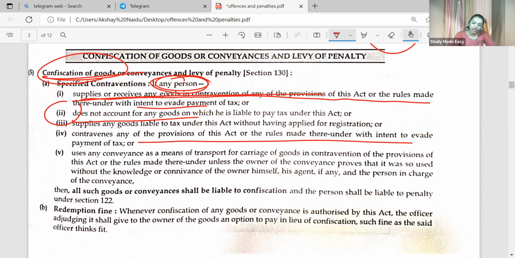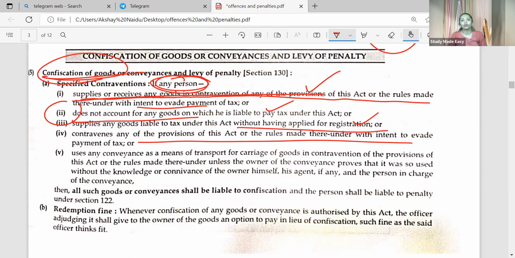In short, अगर मैं ये कहूँ confiscation of goods कब होगा, conveyances का confiscation कब होगा, when you have done such an act that you want to evade the taxes, you have not maintained the accounts, you have not paid the taxes. So either any contravention to the provision, you fail to maintain the accounts, you fail to pay the taxes, you have not taken any registration, and you supply the interstate goods.